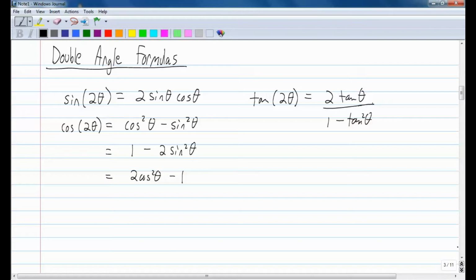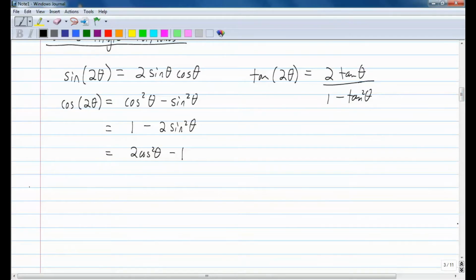Alright, so how could we use these formulas to help us solve something? Let's say that we were given that the sine of theta is equal to 3/5 and theta is greater than pi over 2 but less than pi.